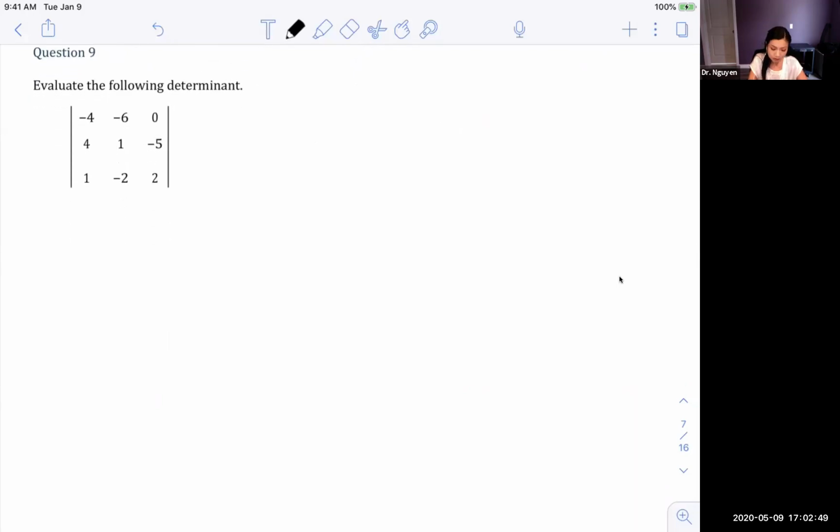So I'm going to write it down for you. You pick one row. So let's say I pick the top one, so I pick A11. Let me go with the general one: A11, A12, A13.